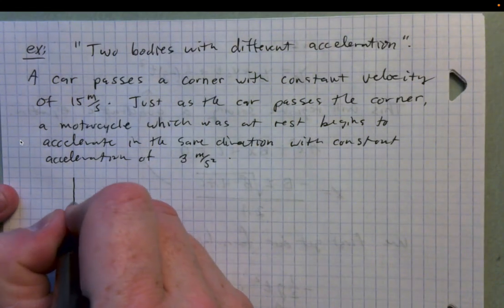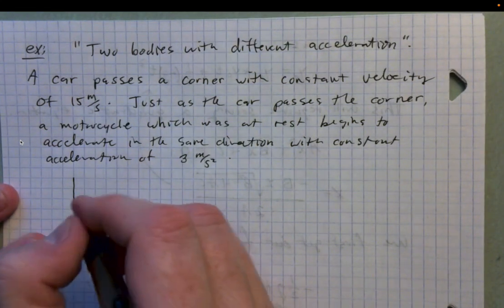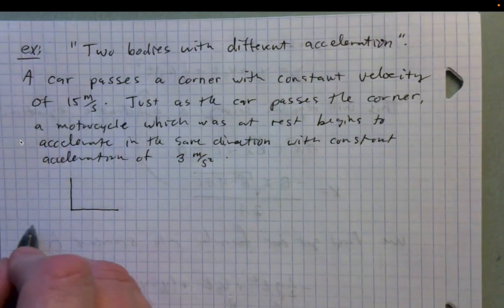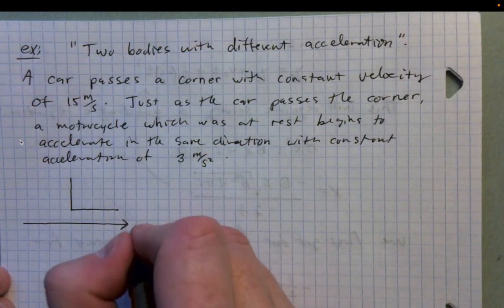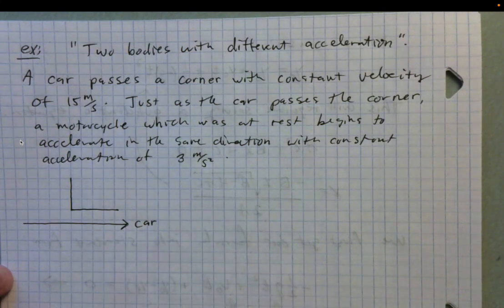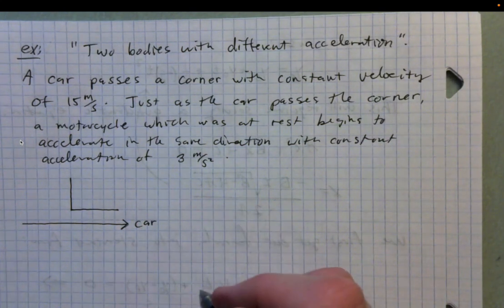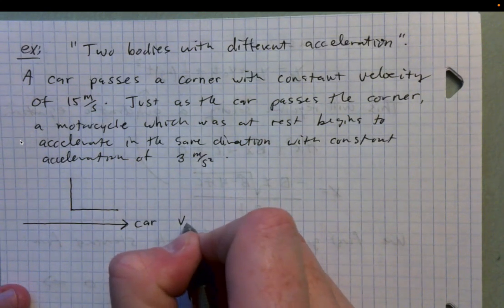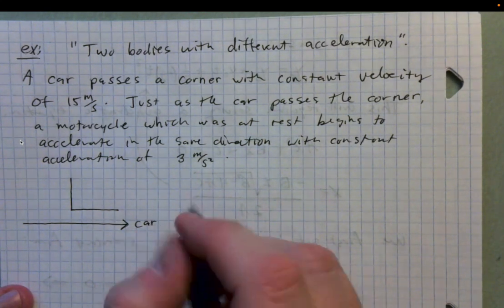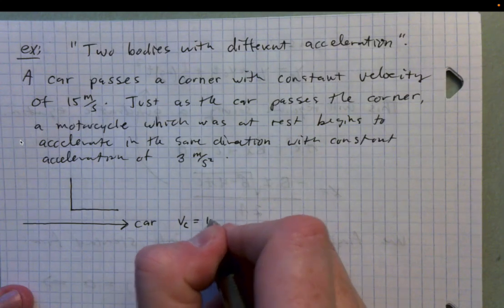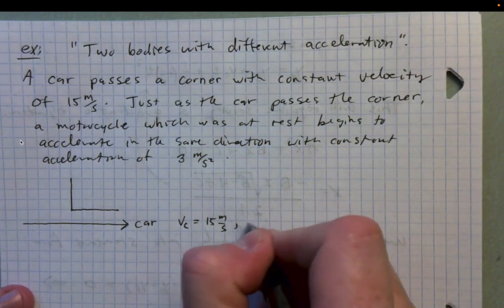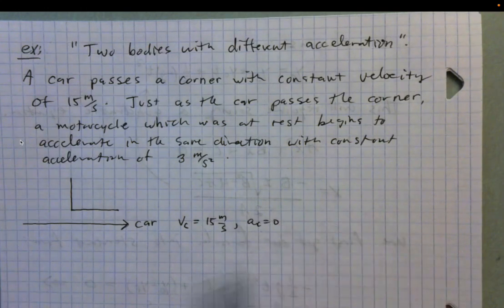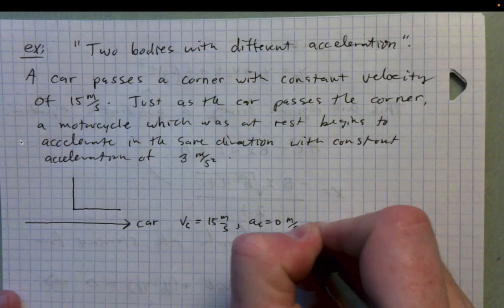So we've got some kind of a corner here, and you've got a car zooming past this corner. This will be the car, and the car has constant velocity, which we'll denote as velocity of the car equal to 15 meters per second. The fact that it has constant velocity means that the acceleration of the car is equal to 0 meters per second squared.